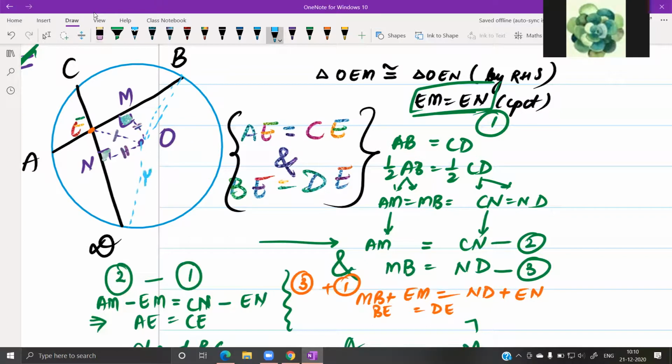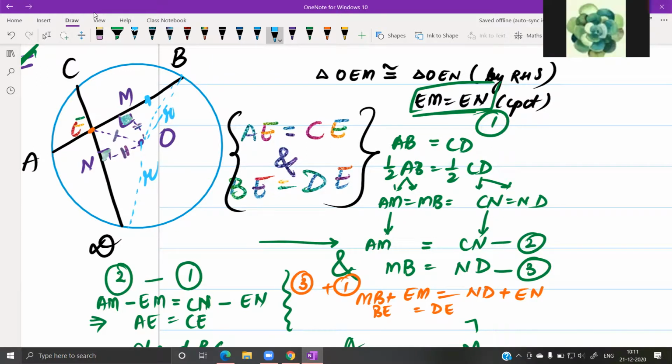Yes, these will be radii, and then you can prove that these will be equal. That's also fine. But those will actually prove the halves equal. Which triangles would you take? The ones I have proved congruent?